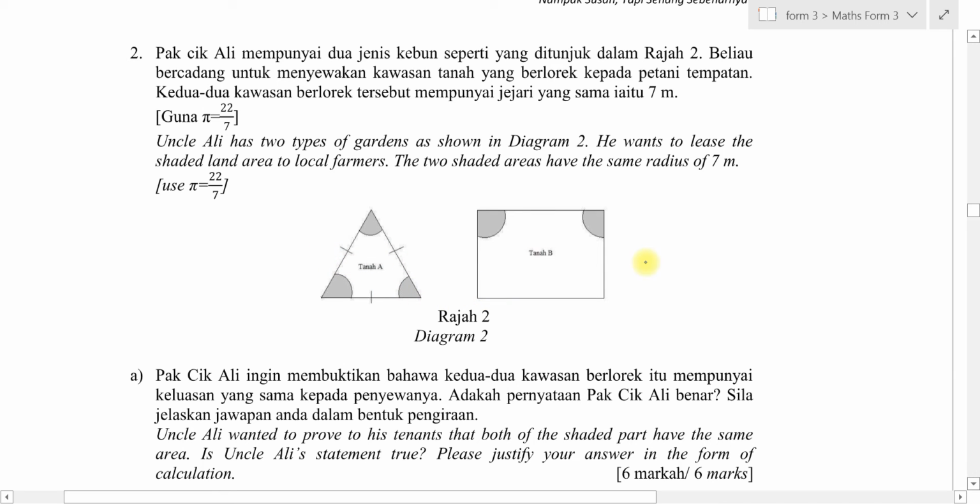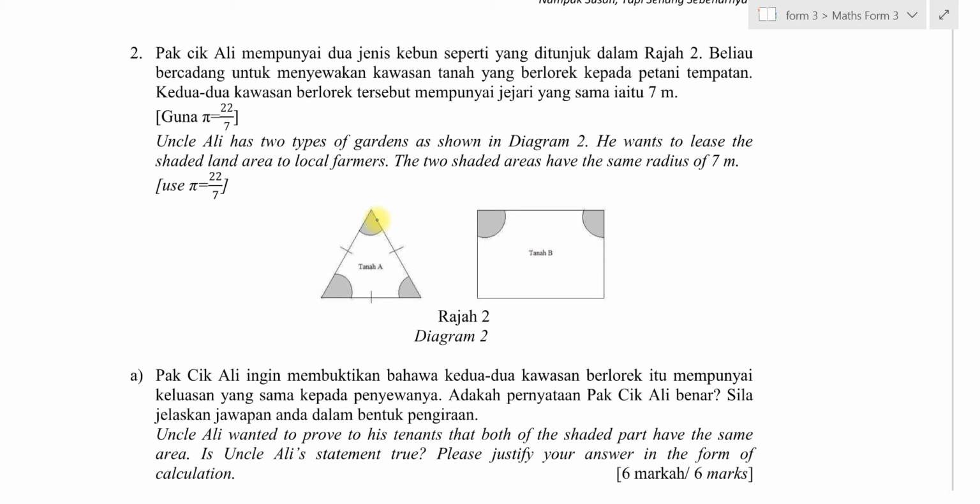We got ground A and ground B. He want to lease the shaded land area to the local farmer. Oh, okay. I thought this one is angle. Actually it is a sector. Remember that it is a sector.